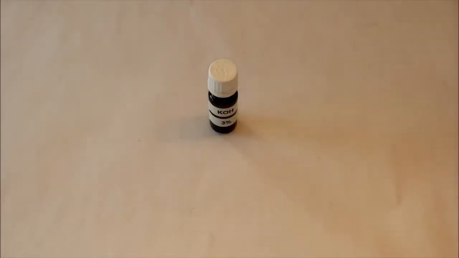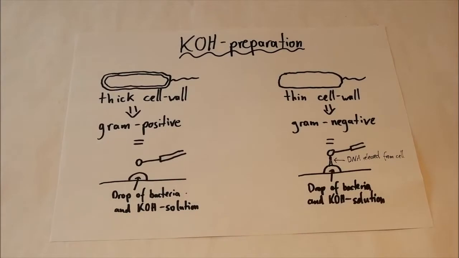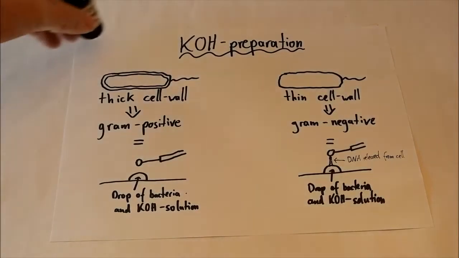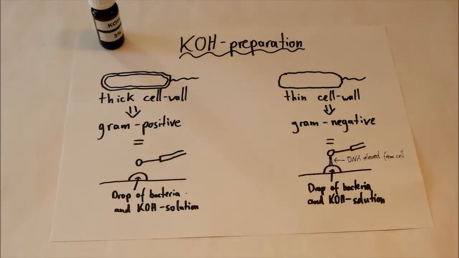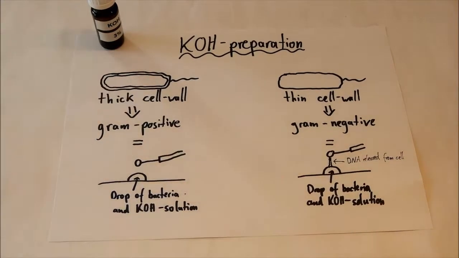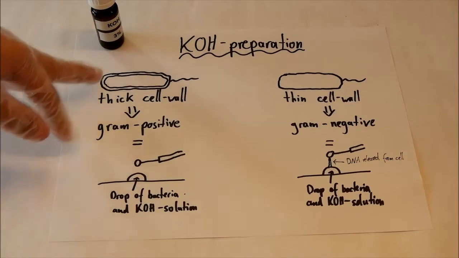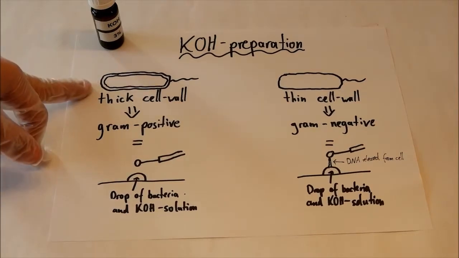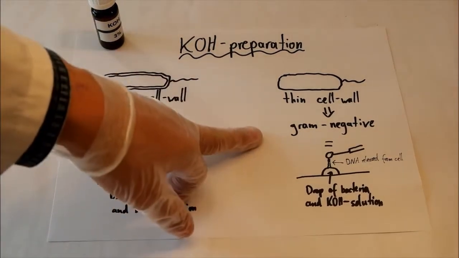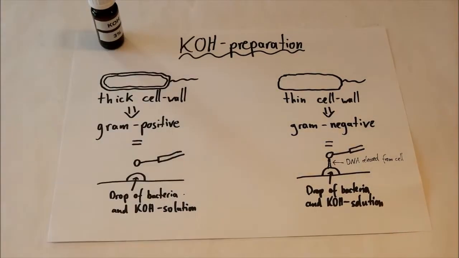The second method is the potassium hydroxide preparation. This is equal to the gram stain, because you can find out whether the bacteria, the colony, is gram positive or gram negative. The theory is that gram-positive bacteria have a thick cell wall, and the gram-negative bacteria have a thin one.